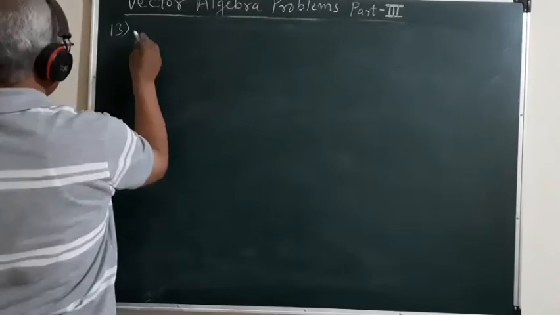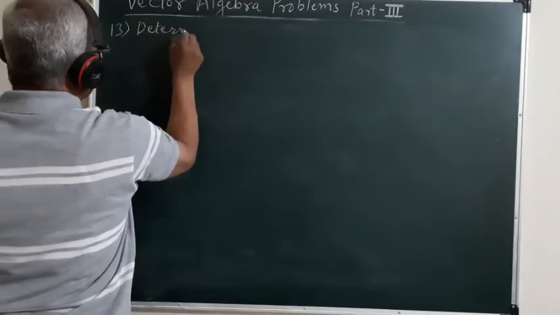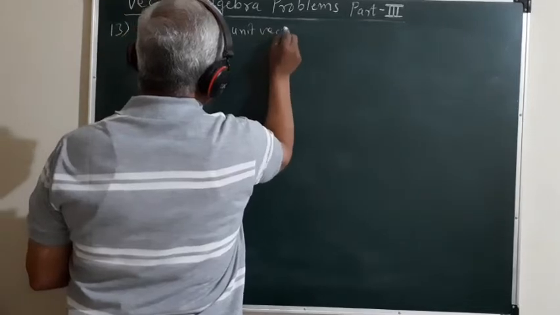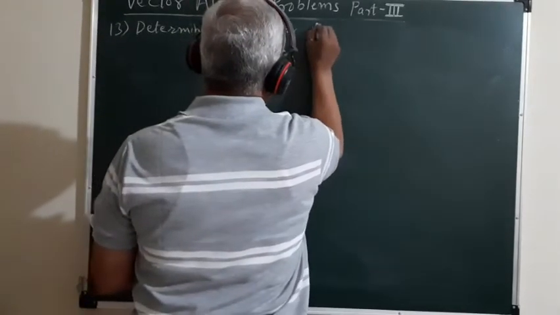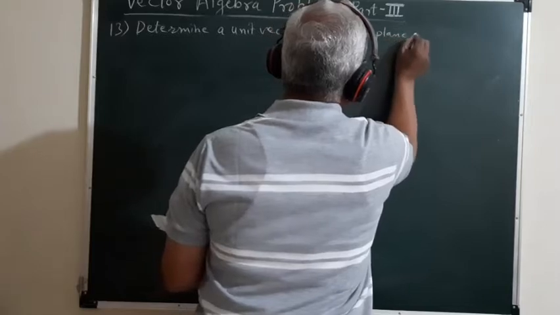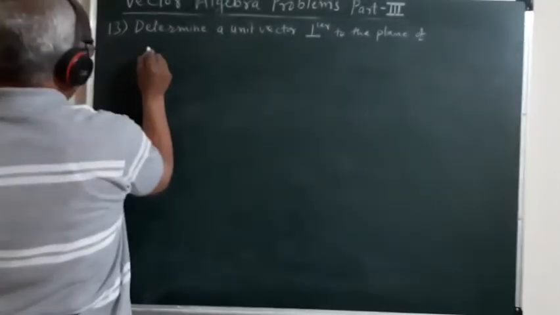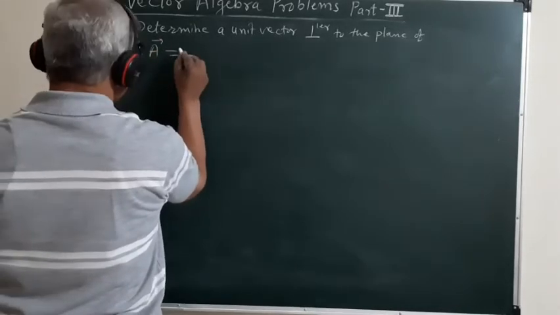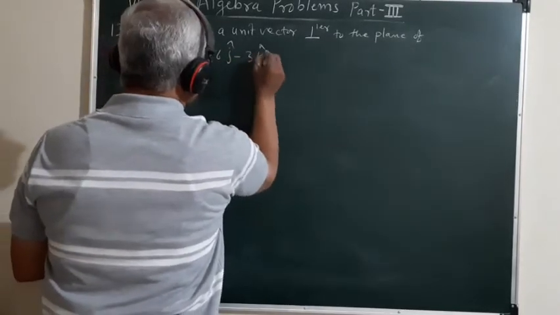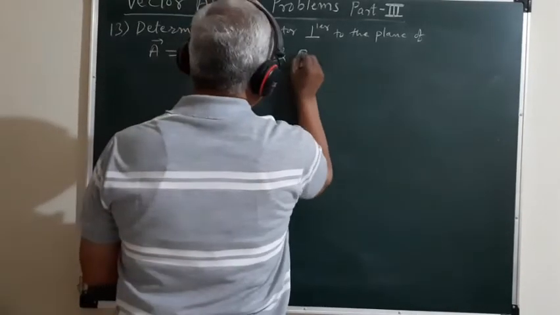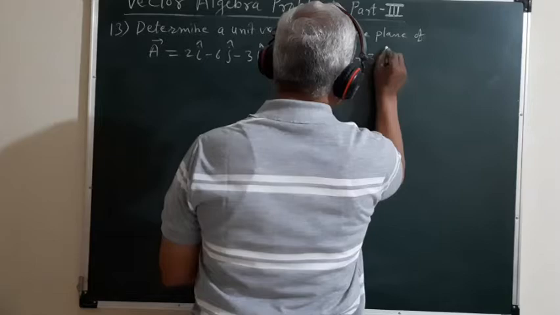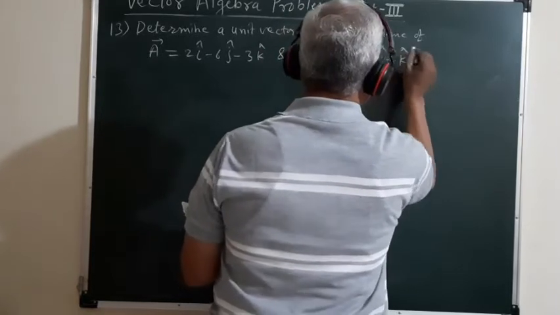Next problem, determine a unit vector perpendicular to the plane of a bar equal to 2i cap minus 6j cap minus 3k cap and b bar equal to 4i cap plus 3j cap minus k cap.